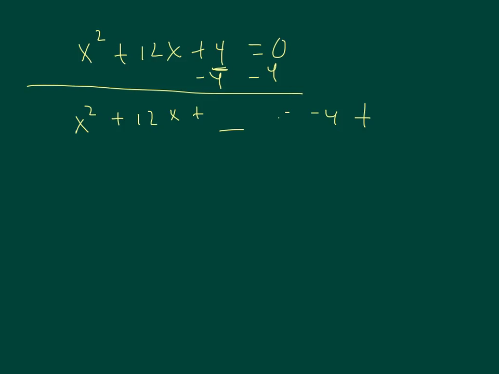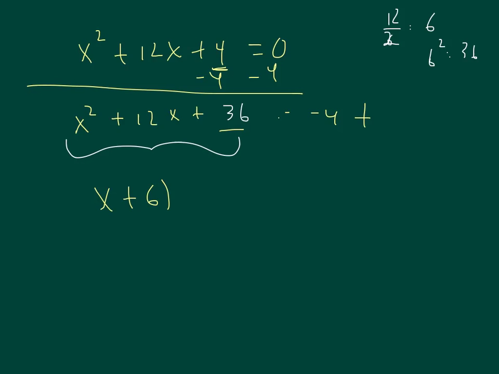Remember, in algebra, if we do something to one side, we've got to do the other. Half of 12, off on the side, half of 12 is 6, and 6 squared is 36. So if I made this 36, that would make this nice x plus 6 all squared.